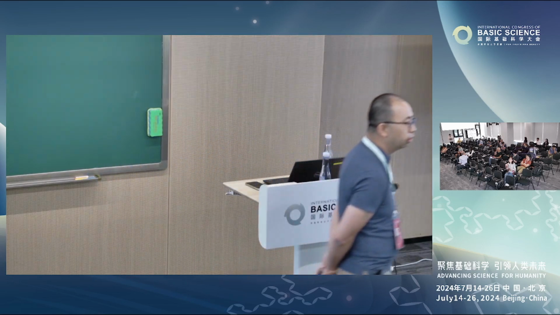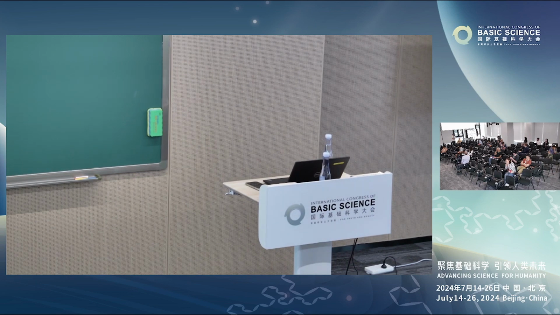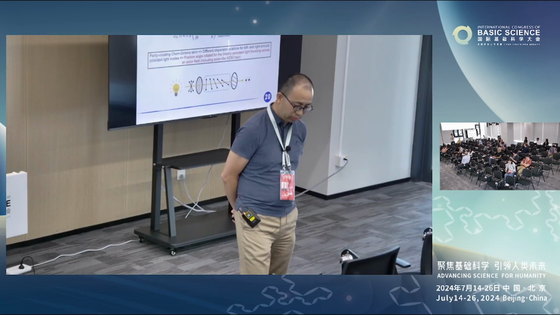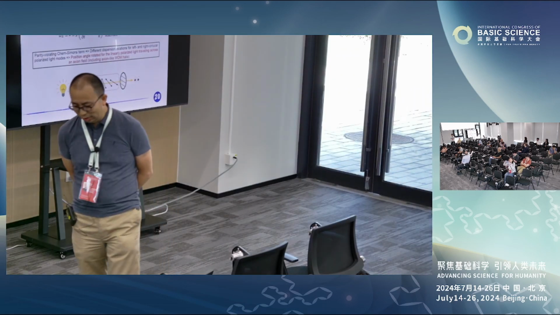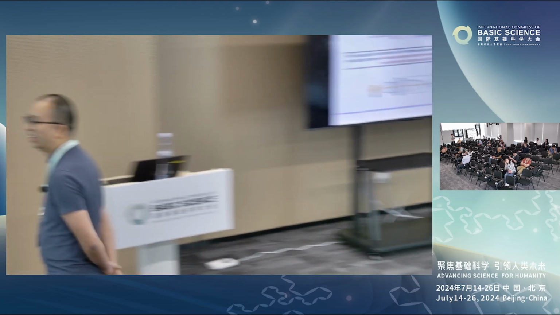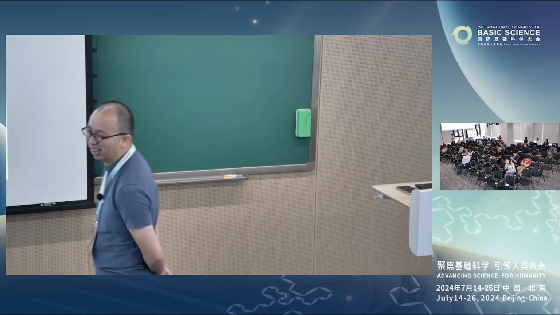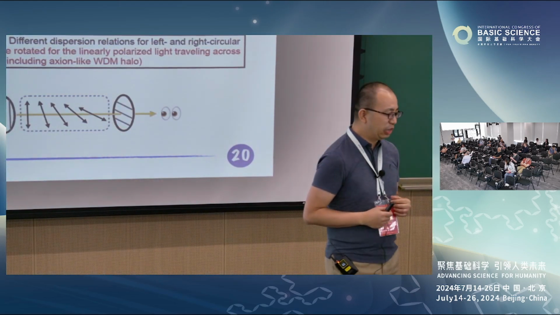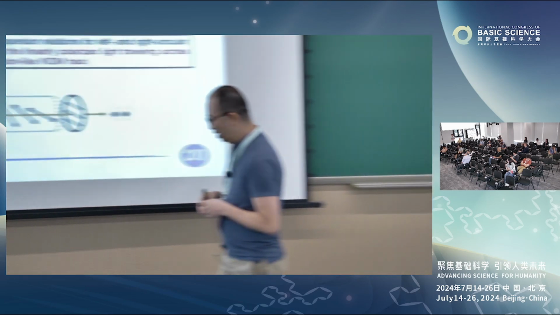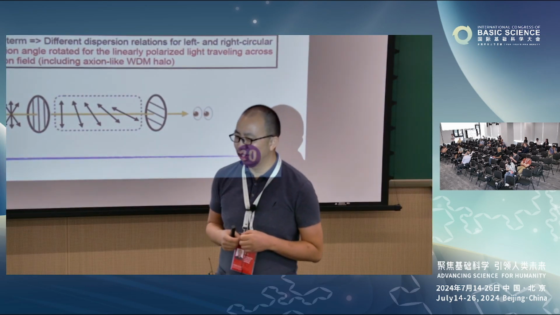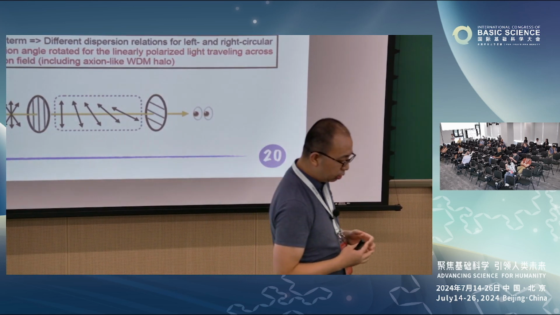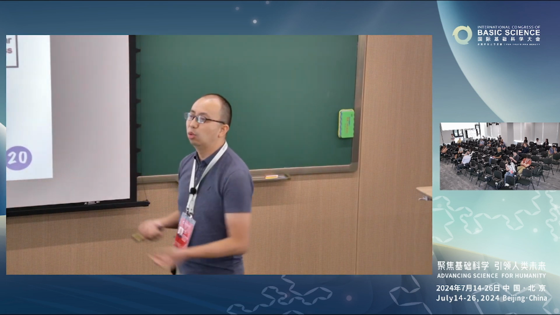A dark photon, a very light dark photon, could also couple to F F-tilde through a dimension 6 term? This is a good question. The question is whether we can apply this idea to the detection of dark photons, because dark photons could also be a candidate for ultralight dark matter.